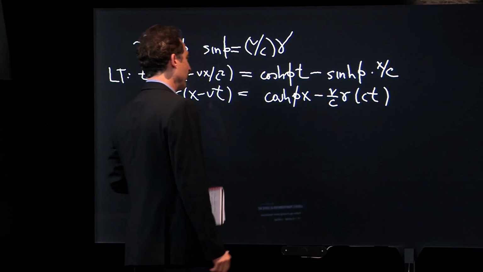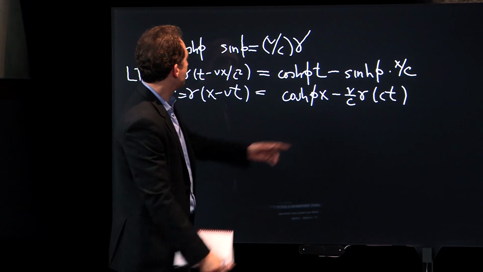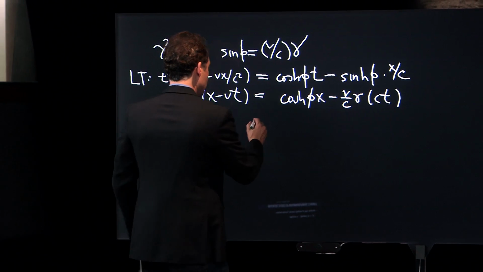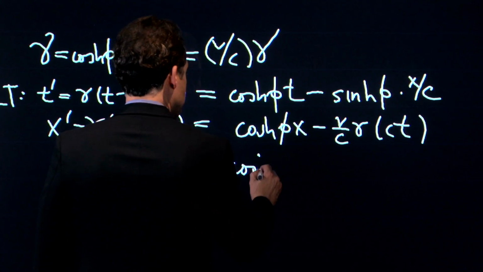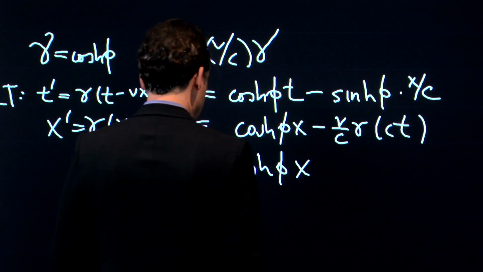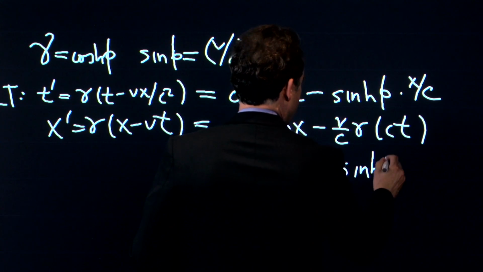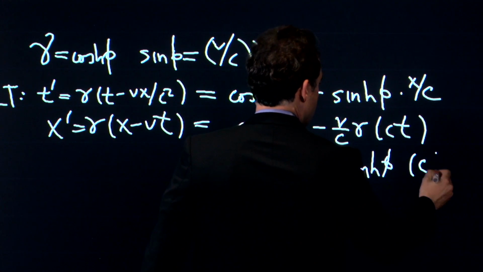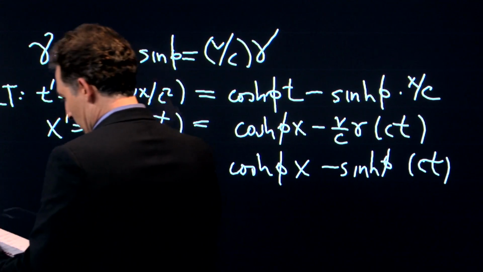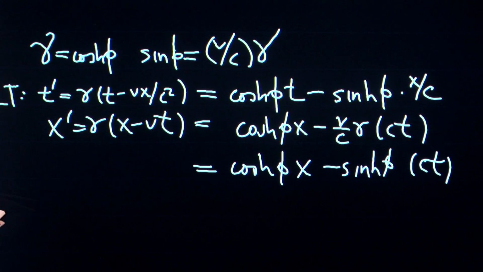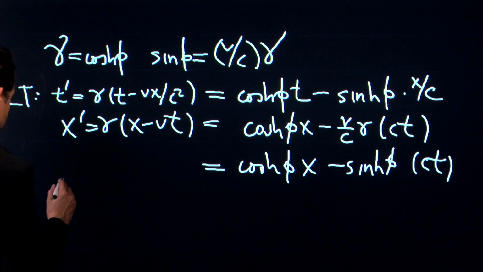Just put a c up and down. And putting it that way, we see that we can just put in our sinh in the second term. So then we can write this as cosh phi times x minus sinh phi times ct. And there we have it, writing our Lorentz transformation in terms of coshes and sinhs.